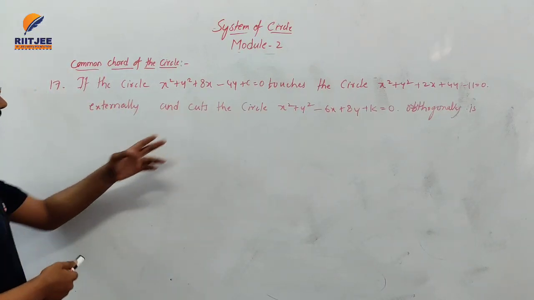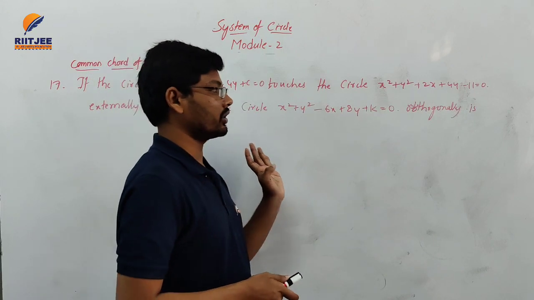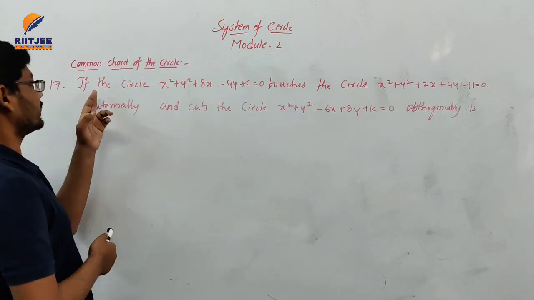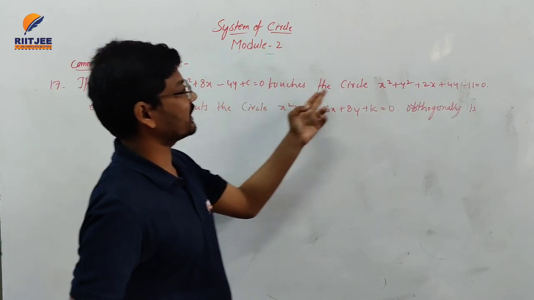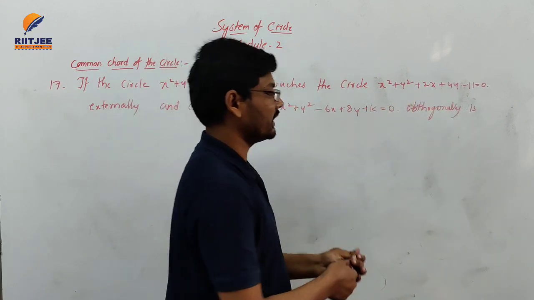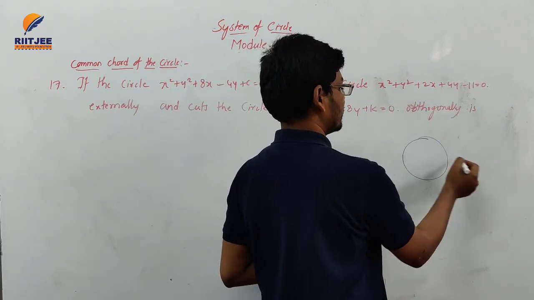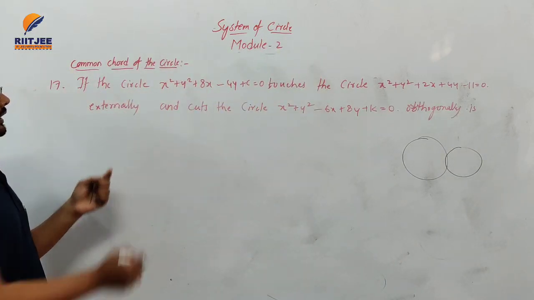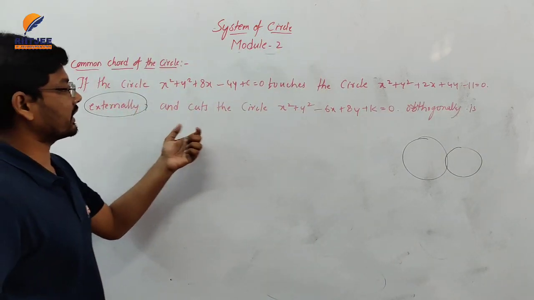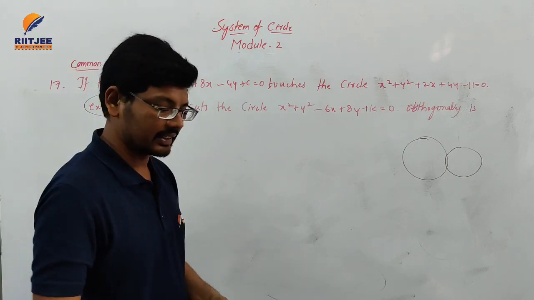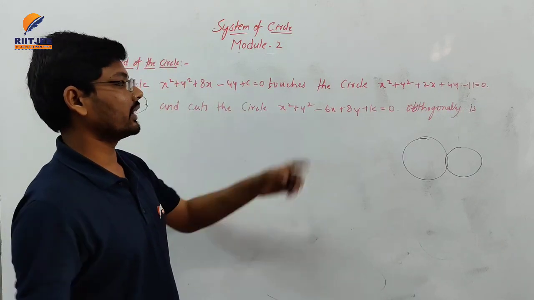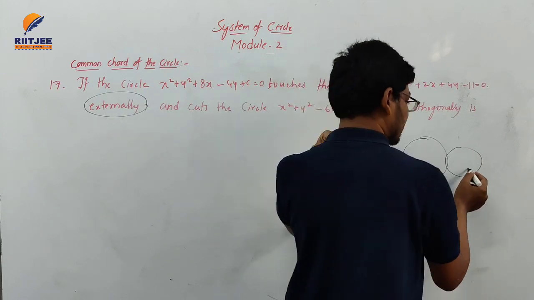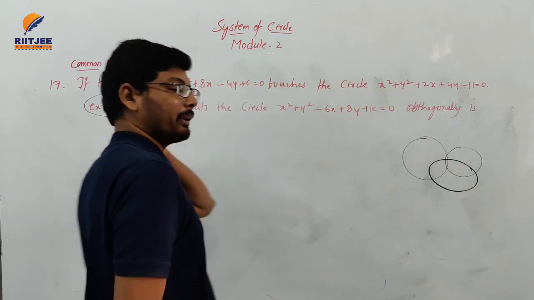So three circle equations are given in this question, and he is saying, if this circle touches one more circle externally, and cuts one more circle orthogonally, that is perpendicularly.